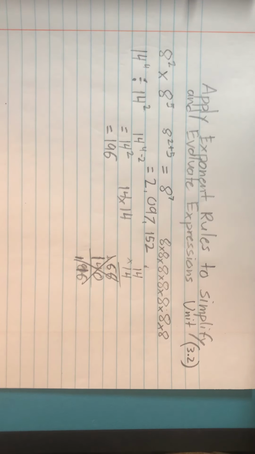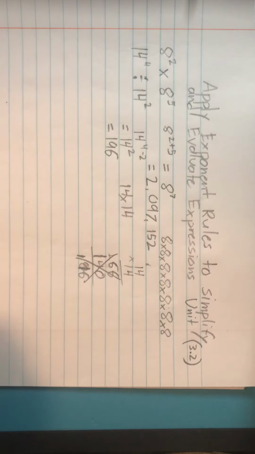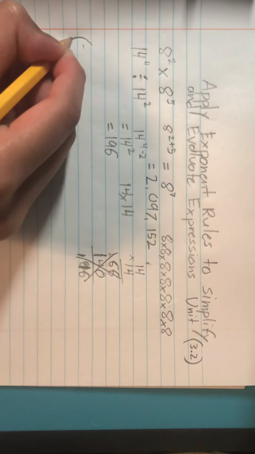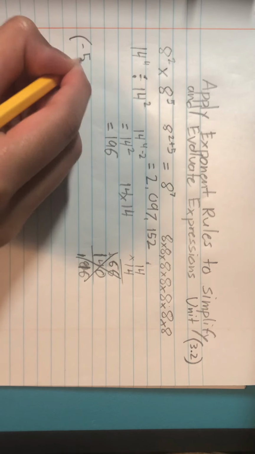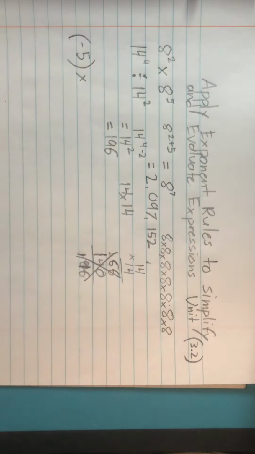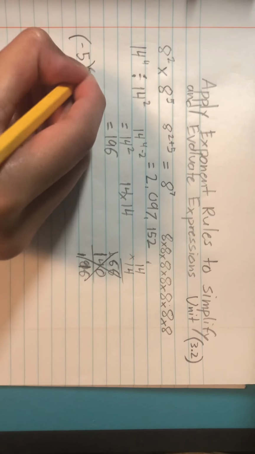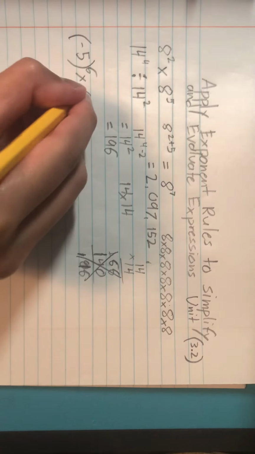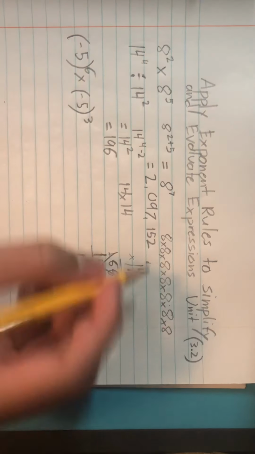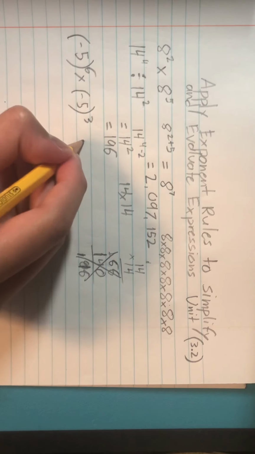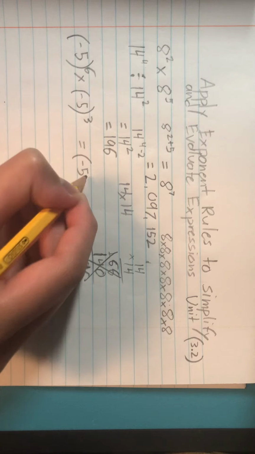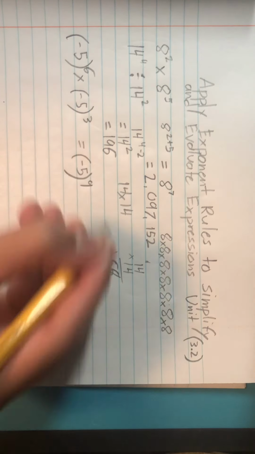So, let's try and do it with negatives now. So let's do negative 5 to the 6 times negative 5 to the 3. Just add the exponents, same thing. Therefore, it would be negative 5 to the 9.